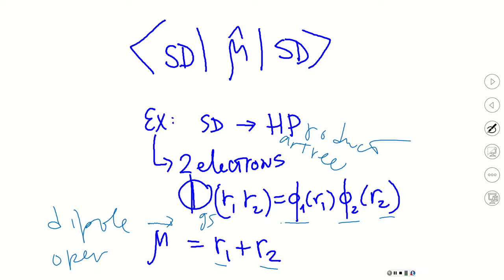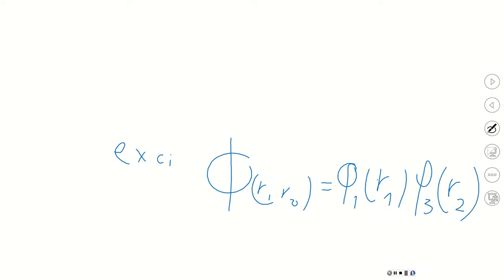And we need to find the matrix element of this operator in terms of wave functions like this. We are doing Hartree products instead of Slater determinants, but with Slater determinants the results will be the same. I just respect my own laziness and your time.